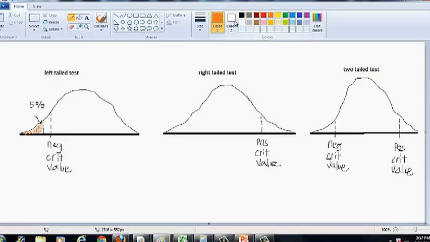And I talked about how the total area beyond the negative critical value is called the rejection region, and it's 5% of the area. So 5% of the entire curve area is inside here.